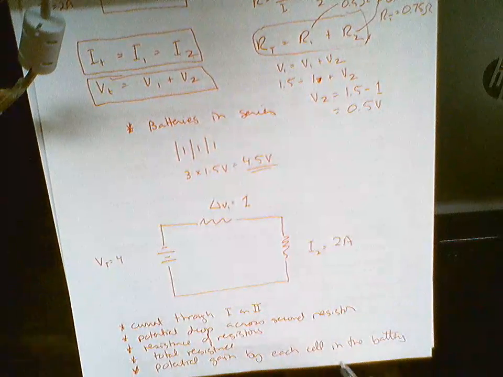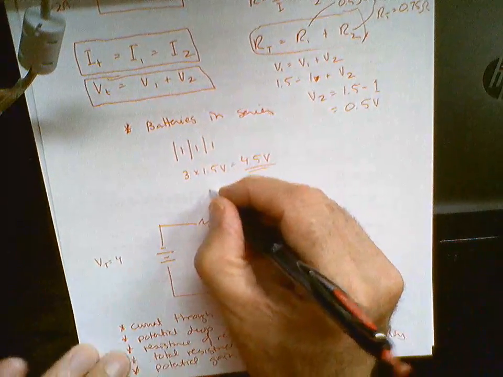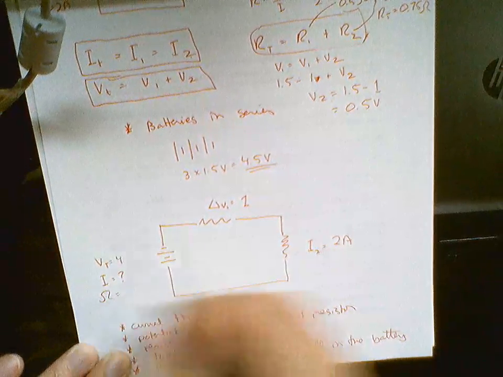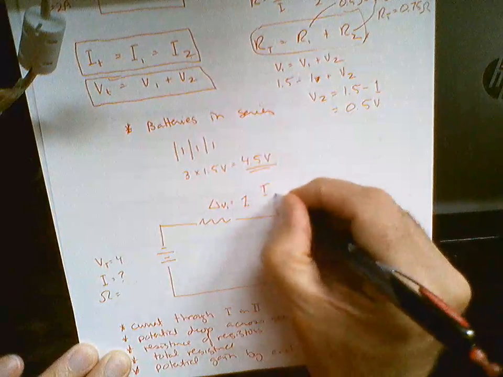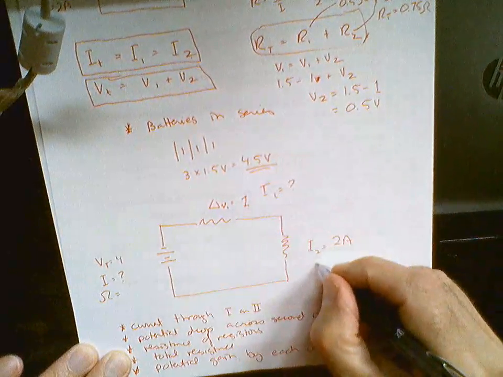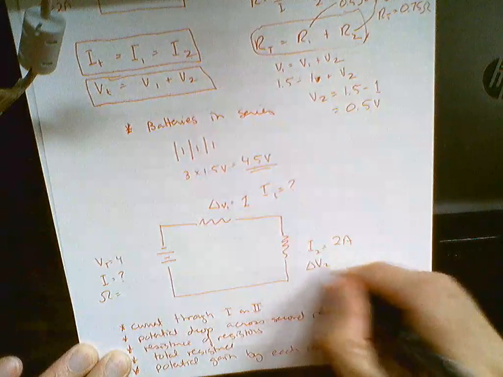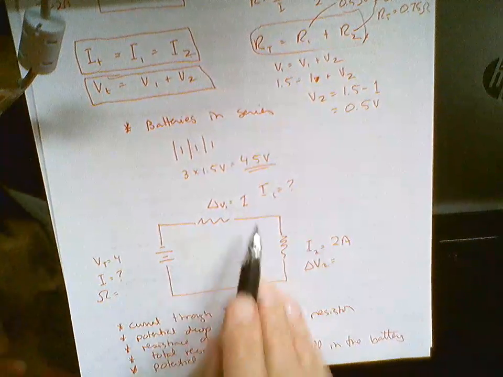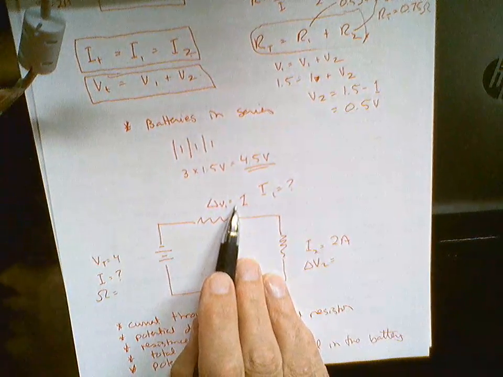Let's take a look at the setup that we have here. We have a setup where we've got a voltage total of 4 volts. Here we've used 1 volt.